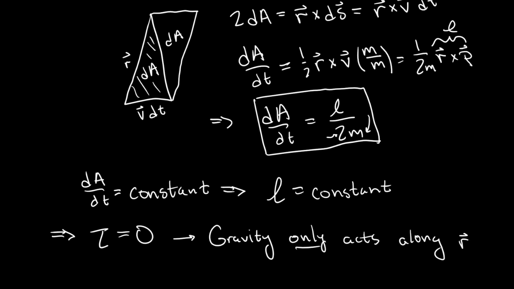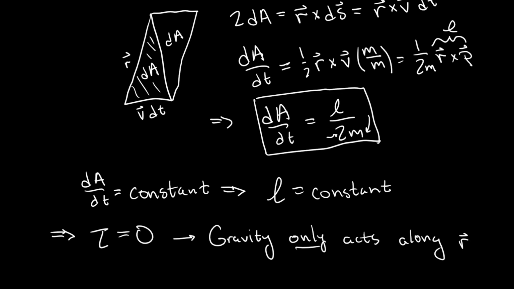So this is a really important result, and perhaps even a bit unexpected, because planets can speed up in their orbit, they can slow down in their orbit, so it's not necessarily trivial that it's not exerting any torques.